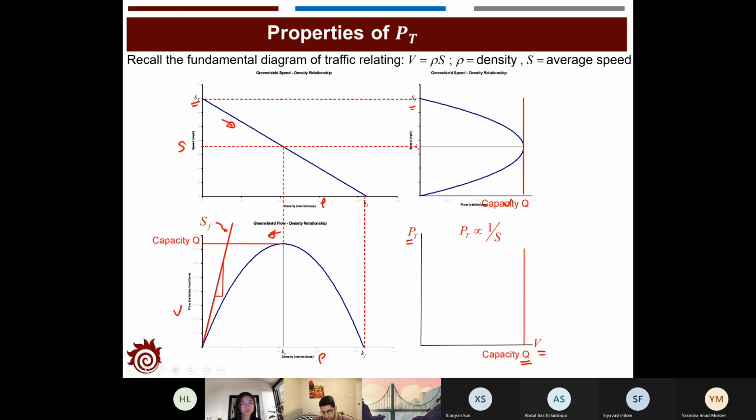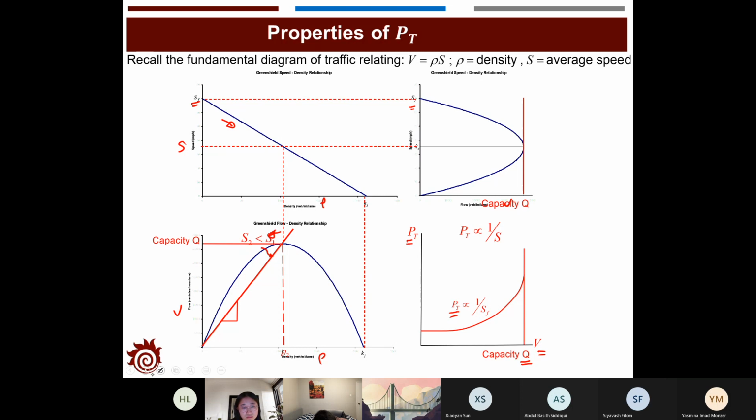So the highest speed can be observed when the flow is 0, and then it gradually decreases until it reaches the capacity. With that, you can find the gradual increase of the cost of the trip with increasing flow in the non-congested region.